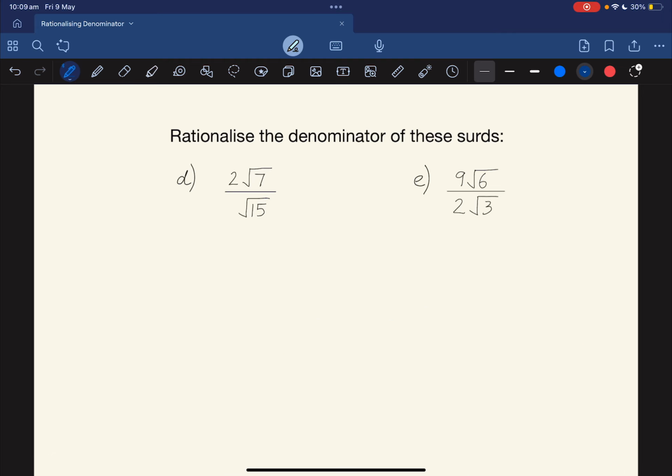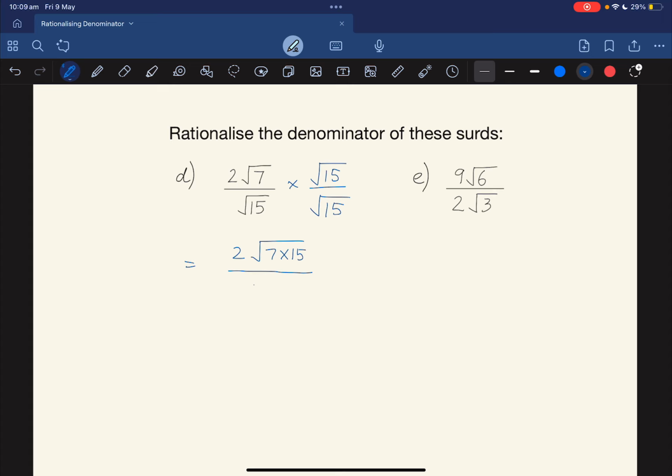Okay, rationalize the denominator, times it by the denominator on itself, or the surd part of the denominator at least. Now multiplying numerator by numerator. I can group those straight under, right? Root 7 times root 15, I can put them under the same numerator.